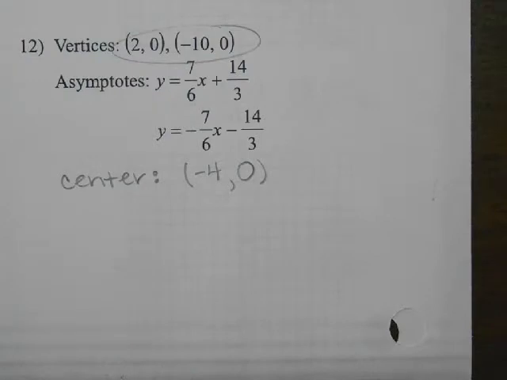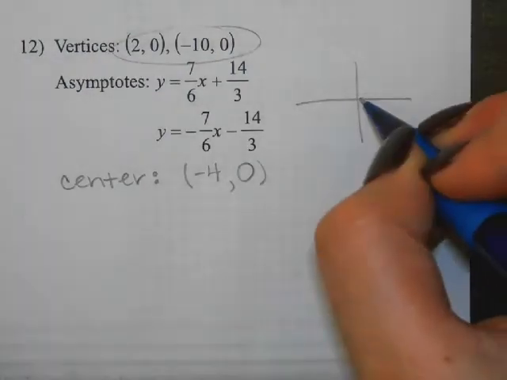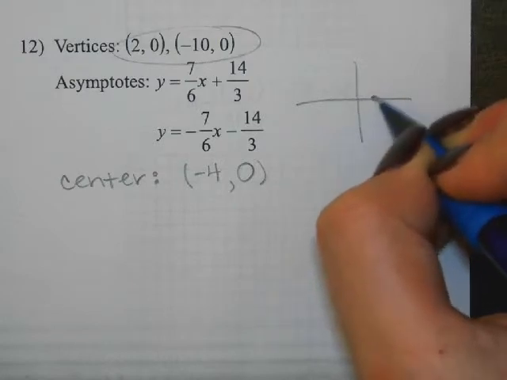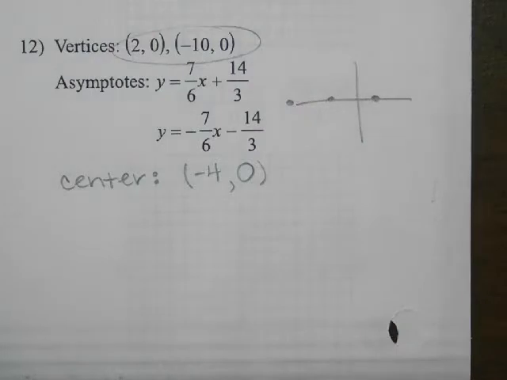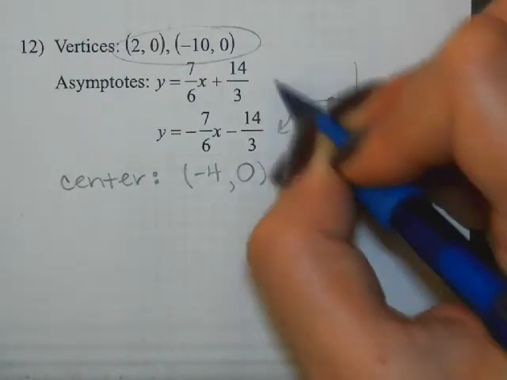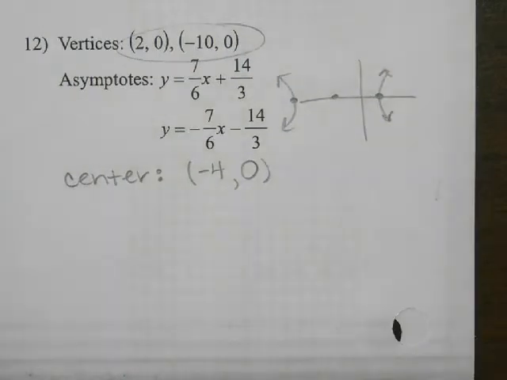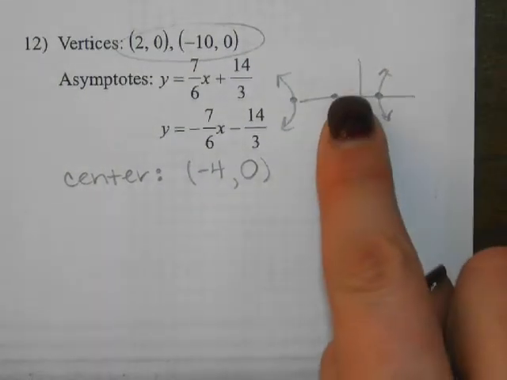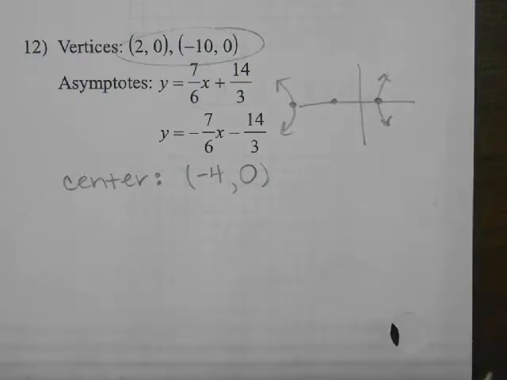Okay. So let's go ahead and draw a sketch of this maybe. So we have right 2, left 4, left 10. And then these are vertices, so the hyperbola goes like this. Okay, so if that is the information that I have, center, vertices, how do I start writing my equation?